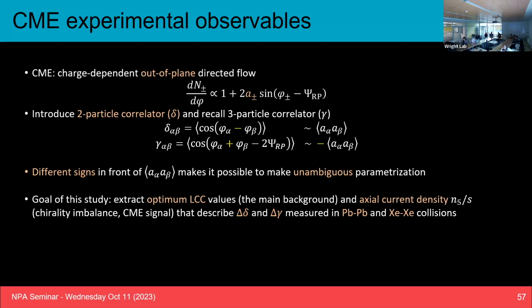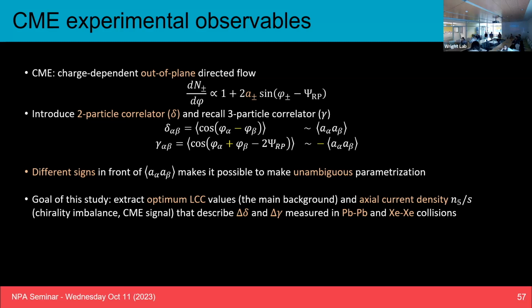if you look at the out-of-plane, you have to describe it in terms of the sign, because it is opposite for up and down. Look at this delta correlator: it is a minus, but here it is a plus. The net effect is that if you write it in terms of this A, you just have a different sign.